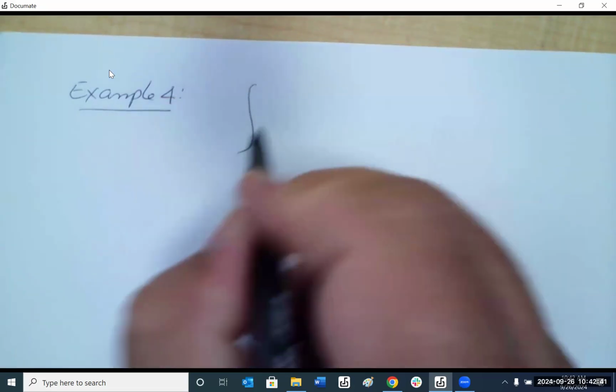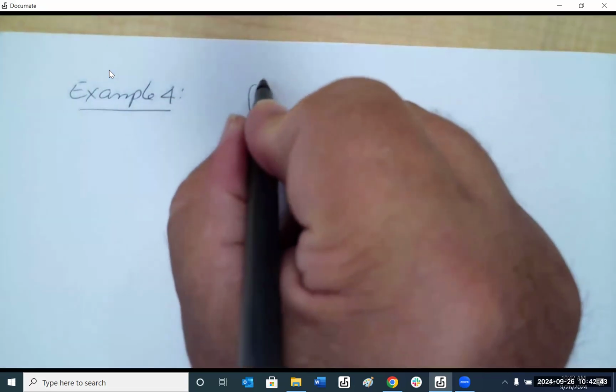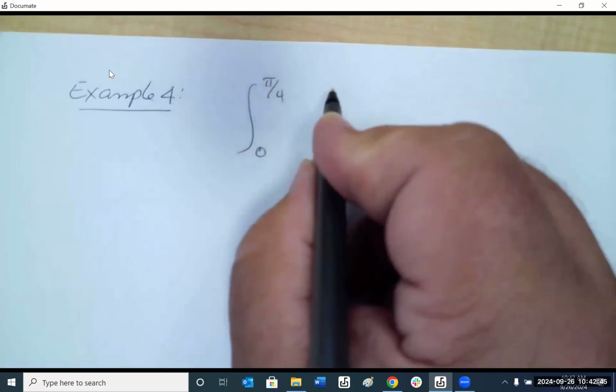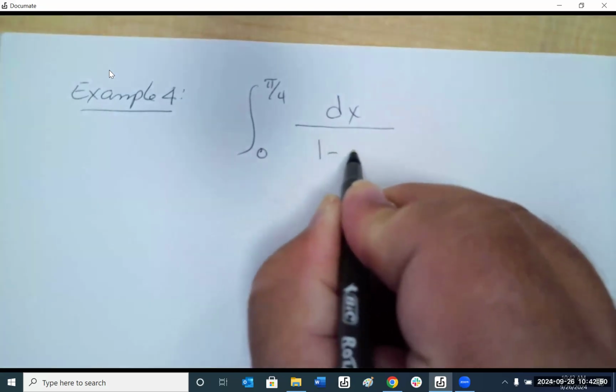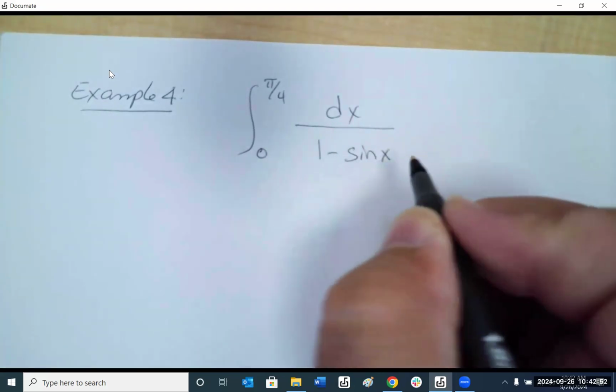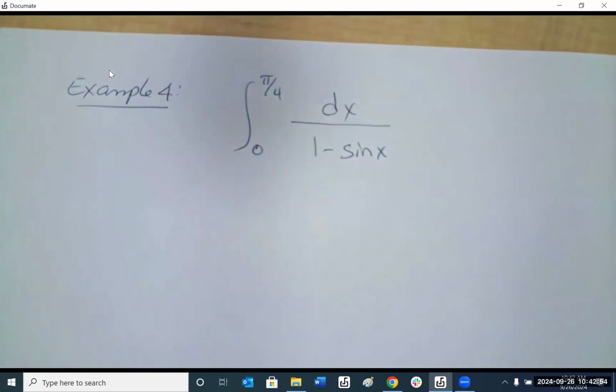So let's look at this one. We have a definite integral from 0 to pi over 4 of dx over 1 minus sine x. Here we have a couple of things we can try.